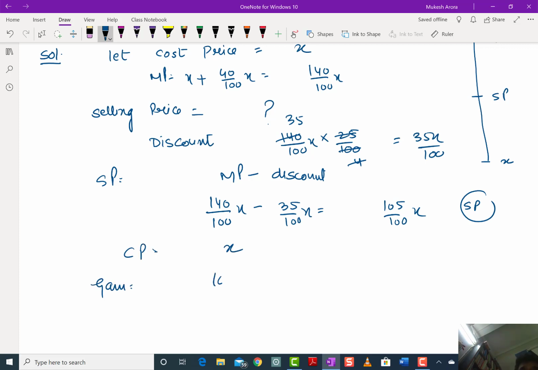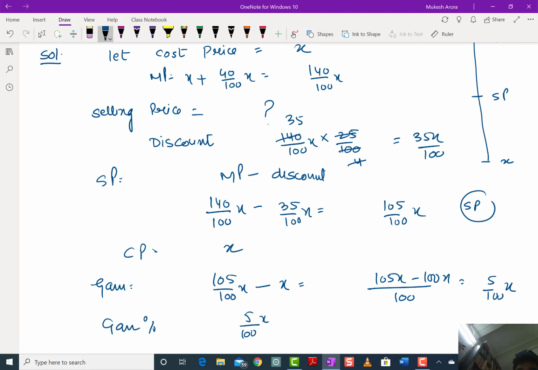Gain will be SP minus CP, 105 by 100 x minus x, 5 by 100 x is gain. Gain percentage is gain upon x into 100. This is cancelled, this is cancelled. So gain is 5%.